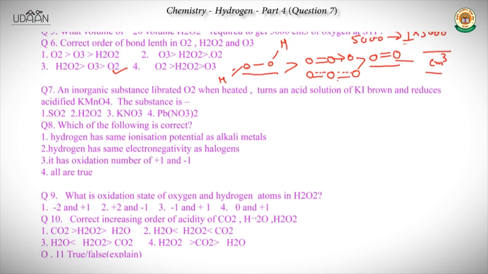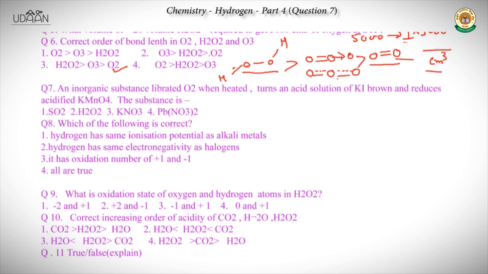An inorganic substance liberated O2 when heated, turns an acid solution of KI brown and reduces acidified KMnO4. What is the substance? As you have just read, the compound is H2O2. We have not studied this compound yet, but at this stage we know that H2O2 liberates O2 when heated.